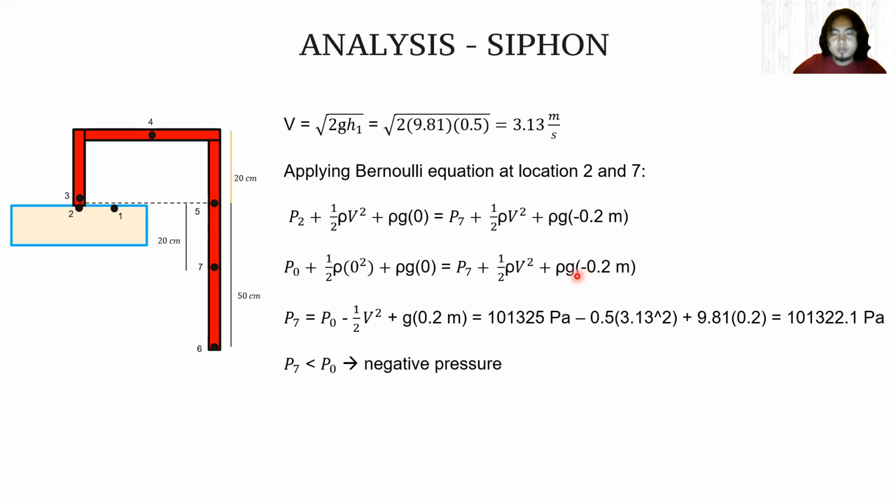We have rho here, but we can cancel it out. P naught is the atmospheric pressure, and from the calculation, P7 is this number. So the atmospheric pressure is greater than the pressure at location 7. Therefore, it is a negative pressure.